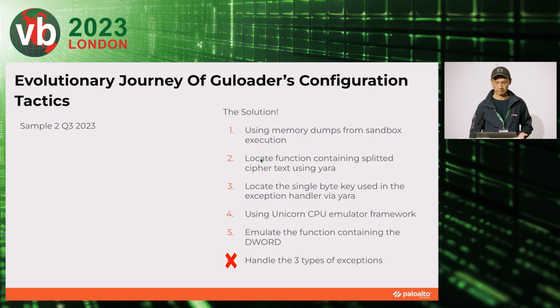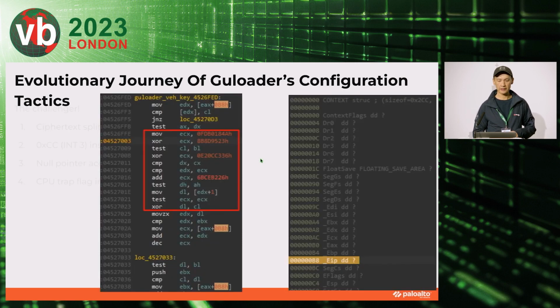Not only that, they also made another interesting change. For one of my YARA rules, in order to obtain that single byte key, that sequence of instructions that gives us the single byte key, I rely on an important offset value, which is the offset value of B8. Whenever an exception is triggered, the Windows context structure needs to be read.